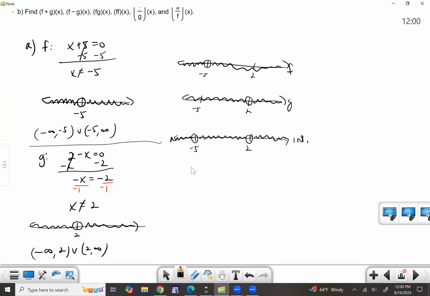So our intersection is going to have 2 unions. It's going to be from -infinity to -5, from -5 to 2, and from 2 to infinity. Let's go put that in for our intersection.